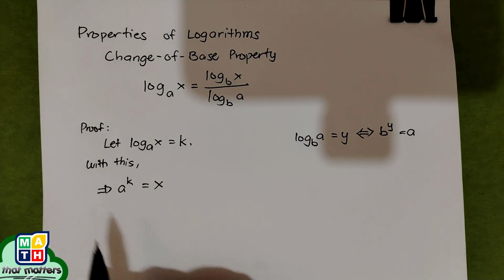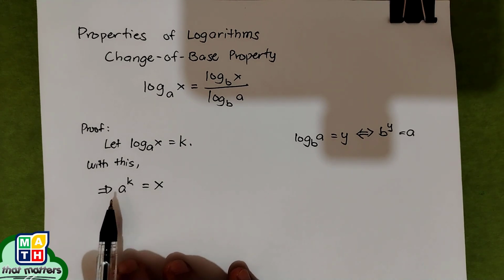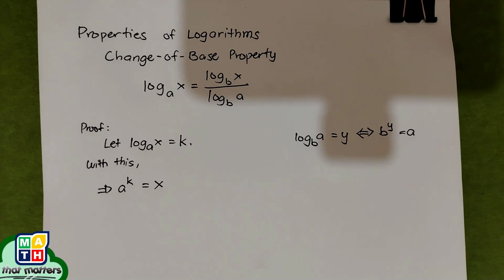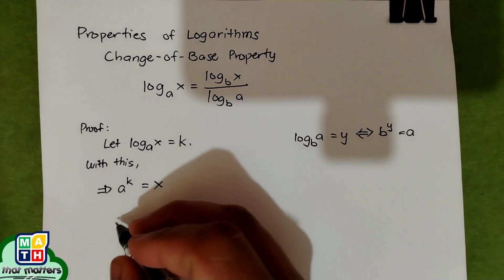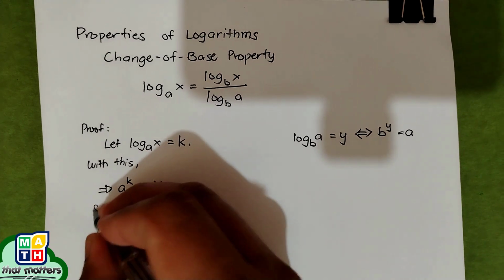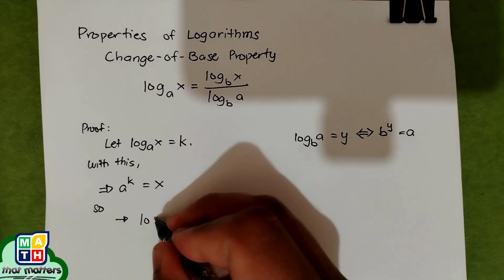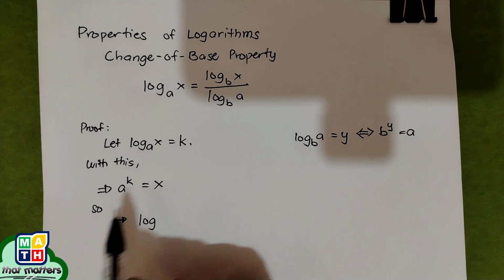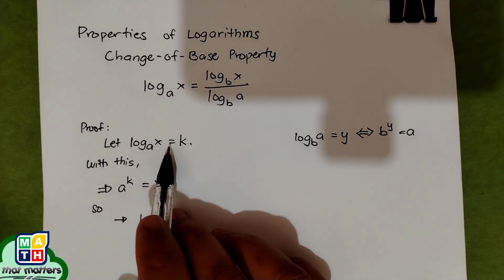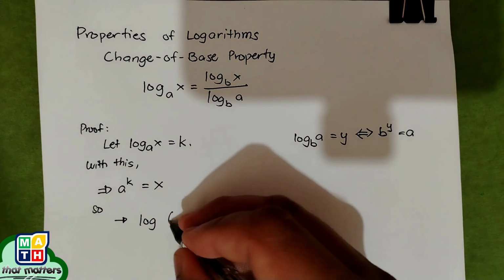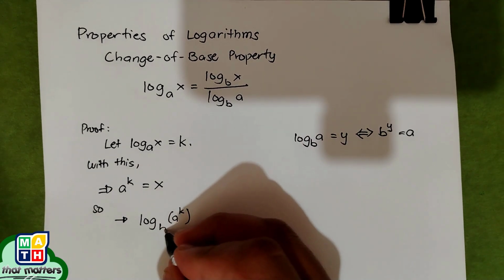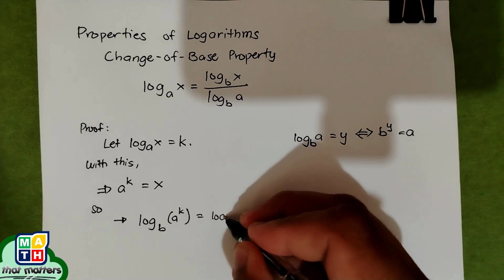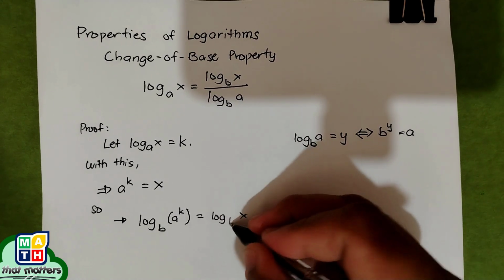We are going to introduce the logarithm of both sides to a certain base. Let's use base b in this case. So bear with me. Since they are equivalent based on this transformation, the logarithm of a to the power of k, to the base b, is equal to the logarithm of x to the base b.